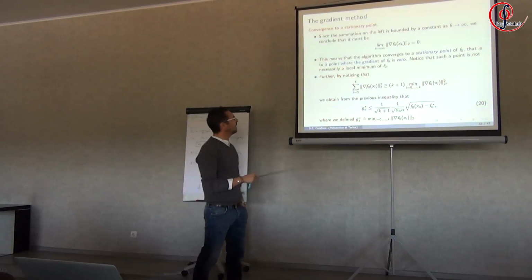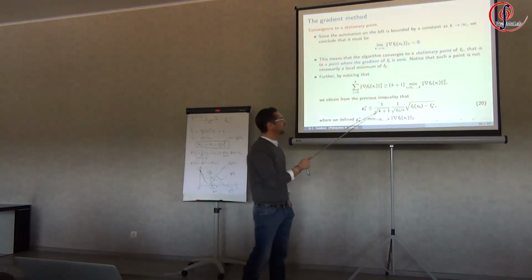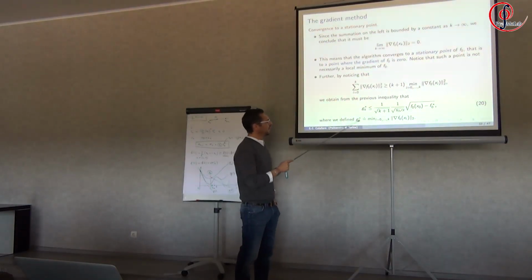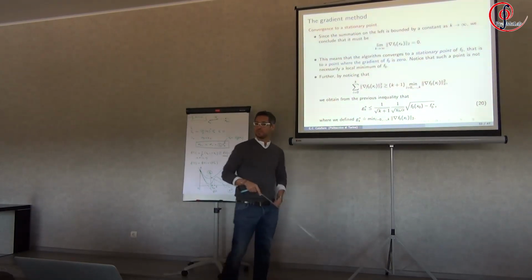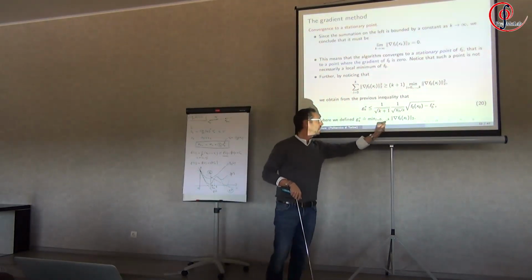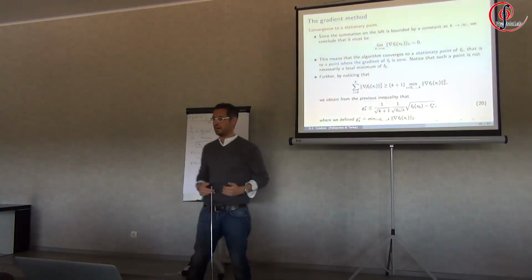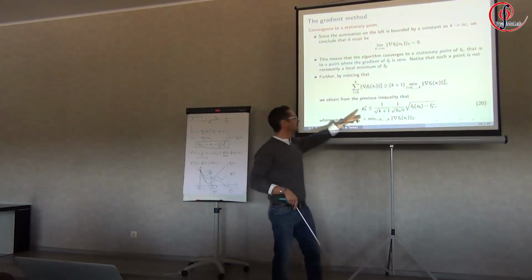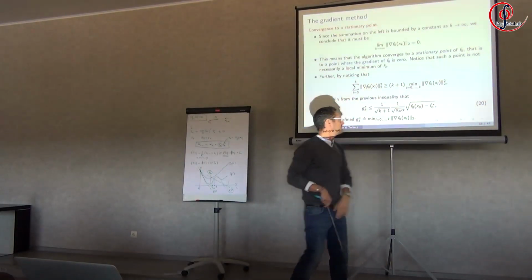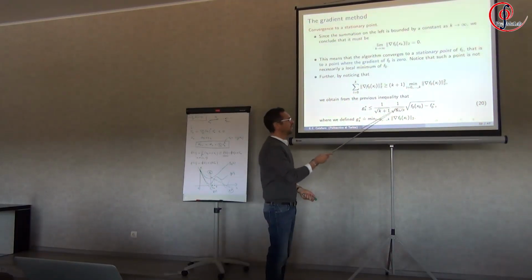And therefore, we can find this kind of inequality: if we define g_k star as the minimum gradient, so during our iteration we record the minimum from 0 to k of the gradients seen so far, then the minimum gradient is less than or equal to this complicated expression here, but well, this is a constant.